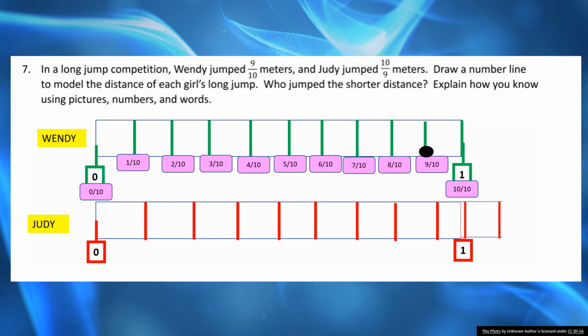Now we can start labeling. So at 0, below 0, we're going to write 0 ninths. And again, this is a number line after all, so we're just counting up.